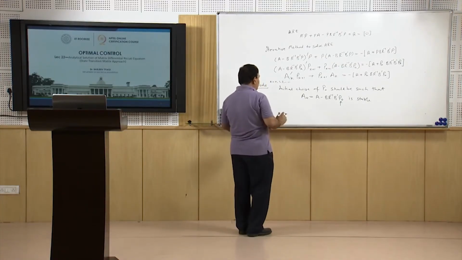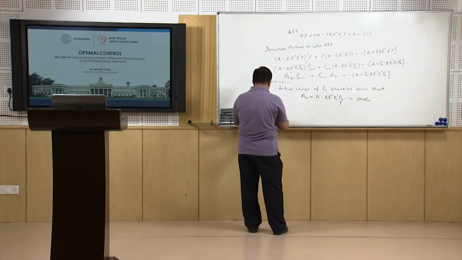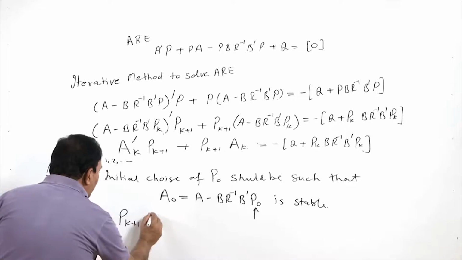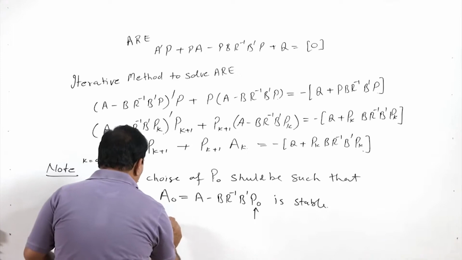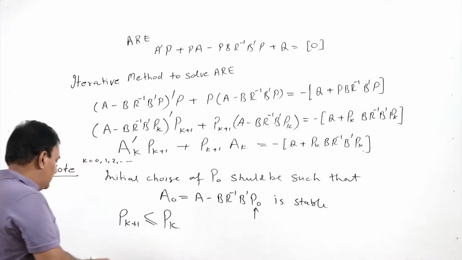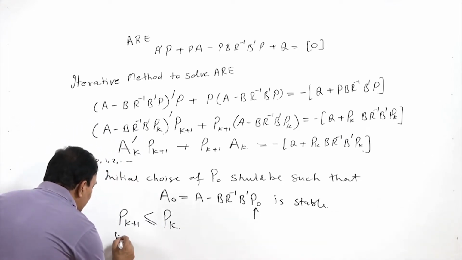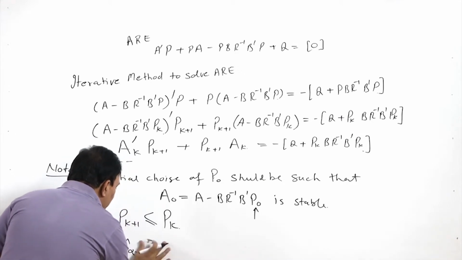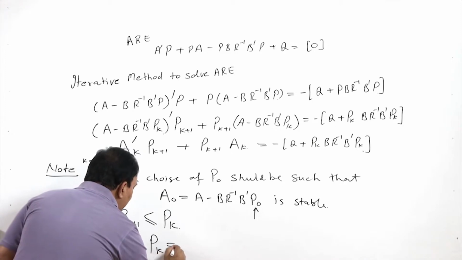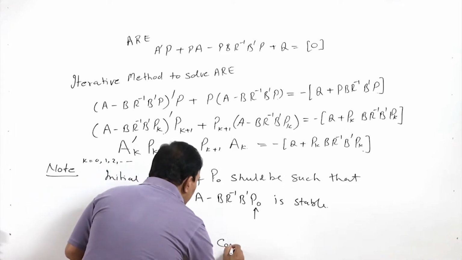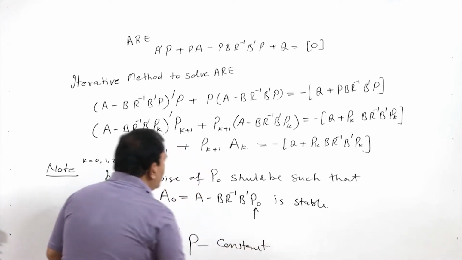If I start with this, then I have to ensure that Pk plus 1 is less than or equal to Pk, and as k approaches infinity, Pk approaches P, a constant matrix.